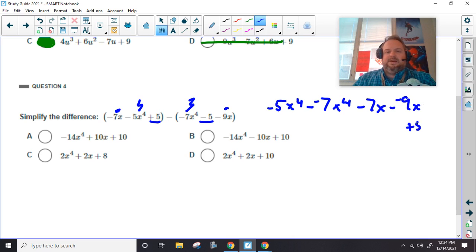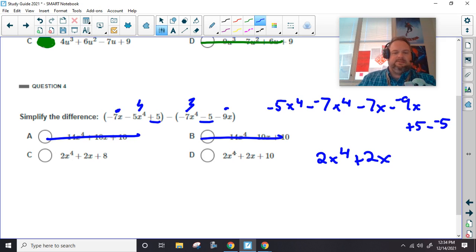And 5 minus -5. All right. When this cleans up, we end up with 2x to the fourth. Plus 2x. Okay. 5 plus 5 is 10. So the answer would be D for this here.